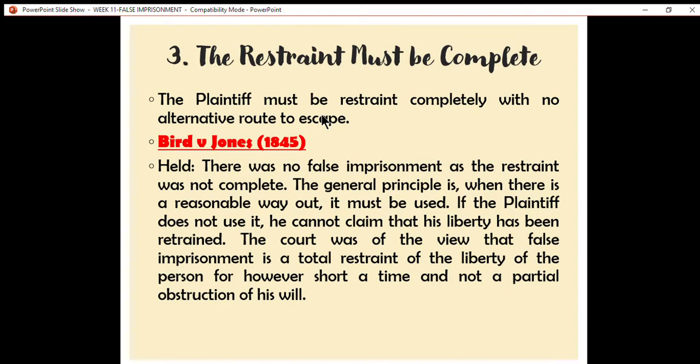For example, in the case of Bird and Jones, the facts of the case are that there was a regatta and a part of a bridge was appropriated for seats.